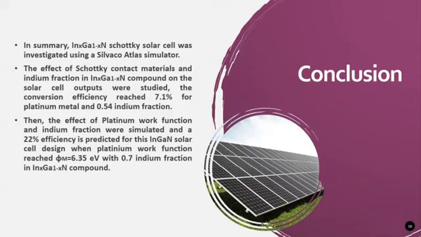Then the effects of platinum work function and indium fraction were simulated, and a 22% efficiency is predicted for this indium gallium nitride solar cell design when platinum work function reached 6.35 electron volts with 0.7 indium fraction in the indium gallium nitride compound.